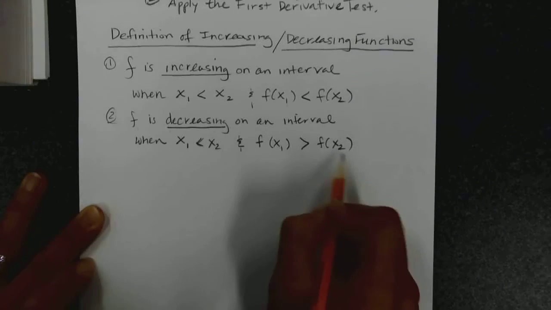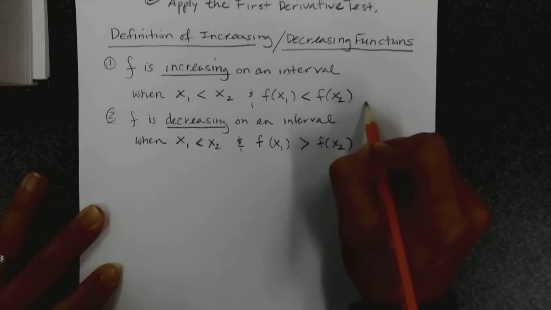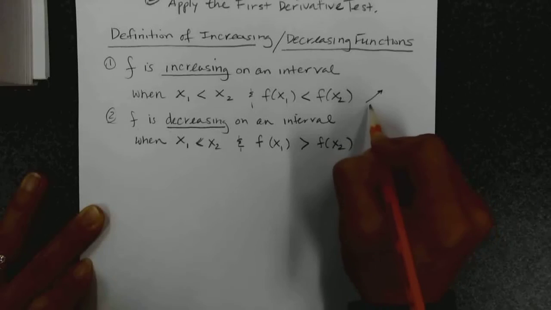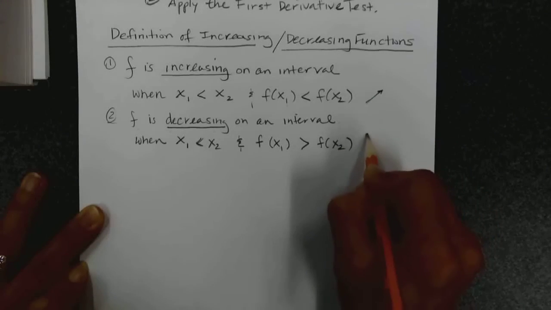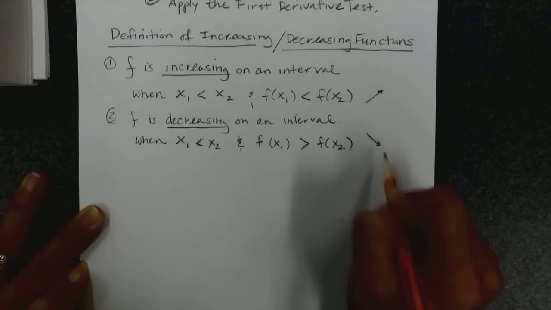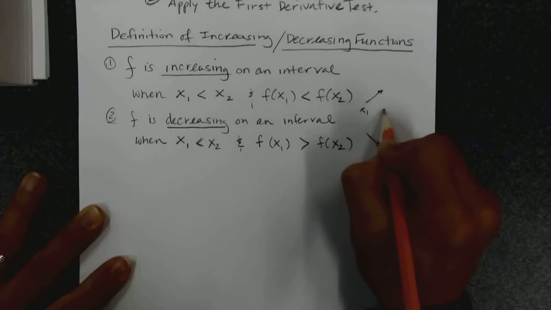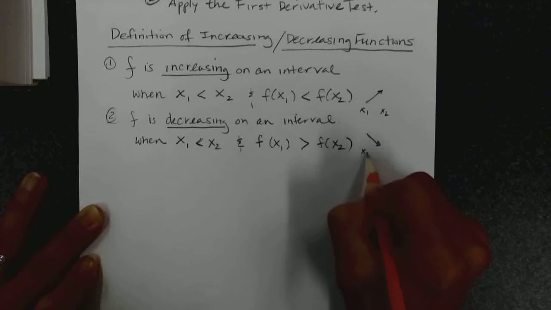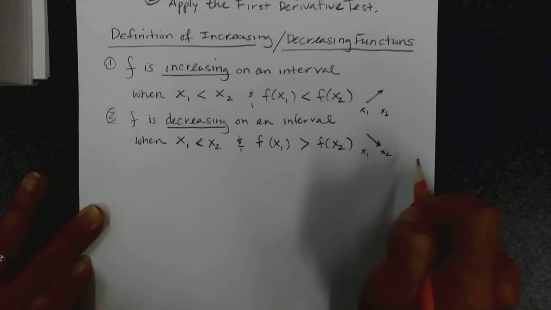Then the function is decreasing. So the graph will look like this, increasing, and this one will be decreasing. Here's x1, here's x2, here's x1, here's x2. Okay?